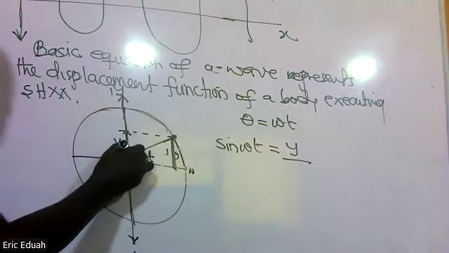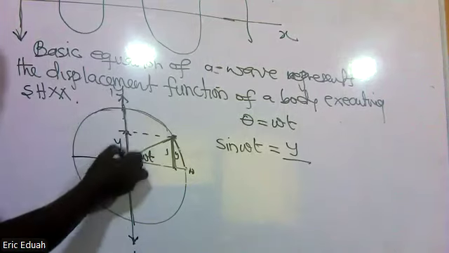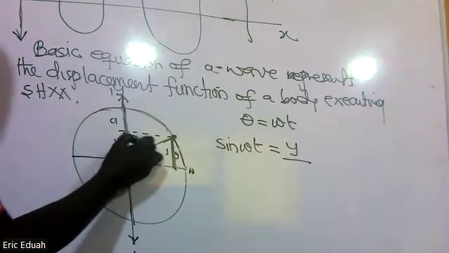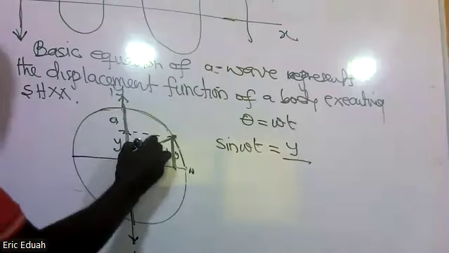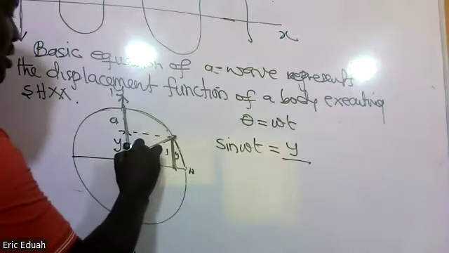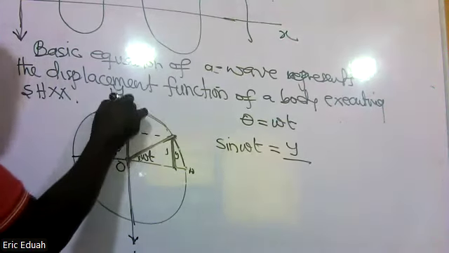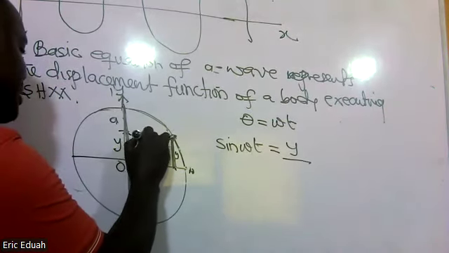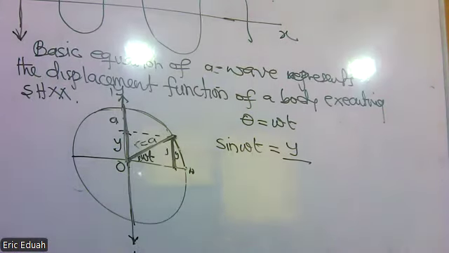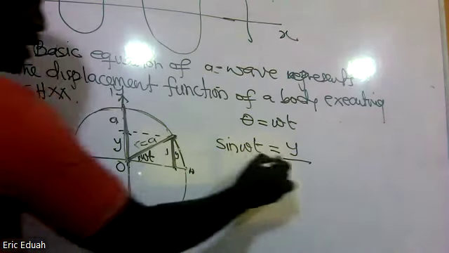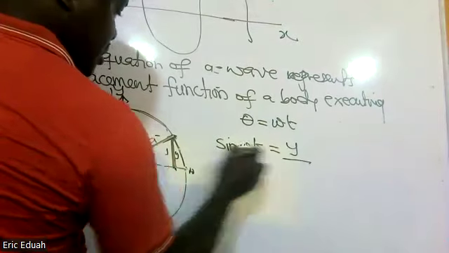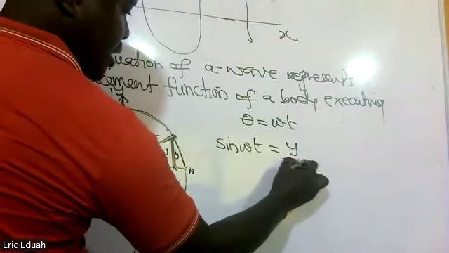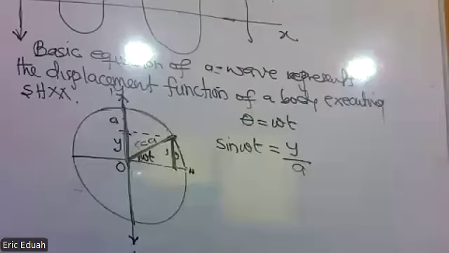But the radius is equal to this. Okay, this distance we call the amplitude. So the amplitude A is equal to the radius. Okay, because this distance is the same as this. So R is equal to A. So because R is equal to A, the hypotenuse is either R or A, whichever way you represent it.